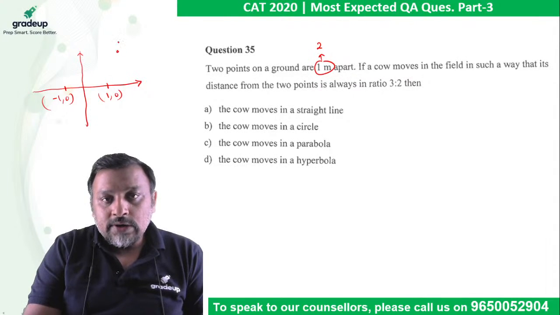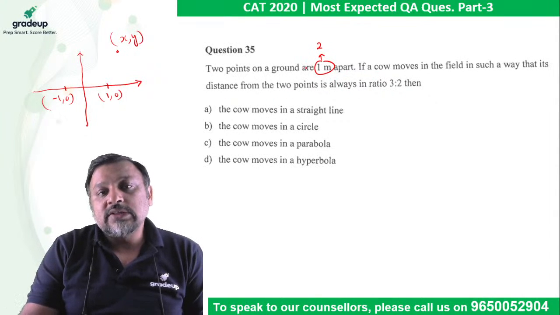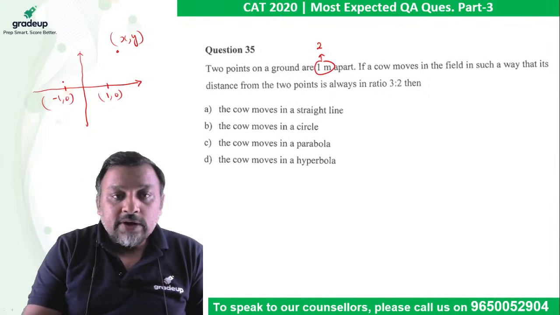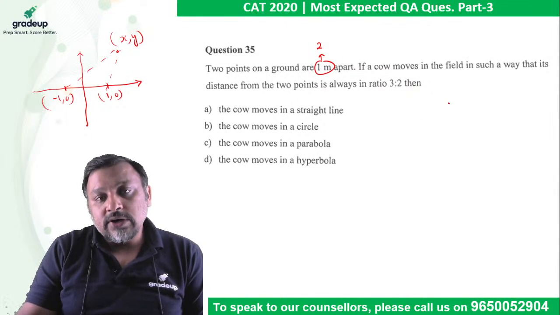Now there is a point (x, y), and it is given a cow moves in the field such that its distance from the 2 points is always in this ratio. So let us say this is the coordinates of the cow. Its distance from this point and its distance from this point bears a constant ratio.